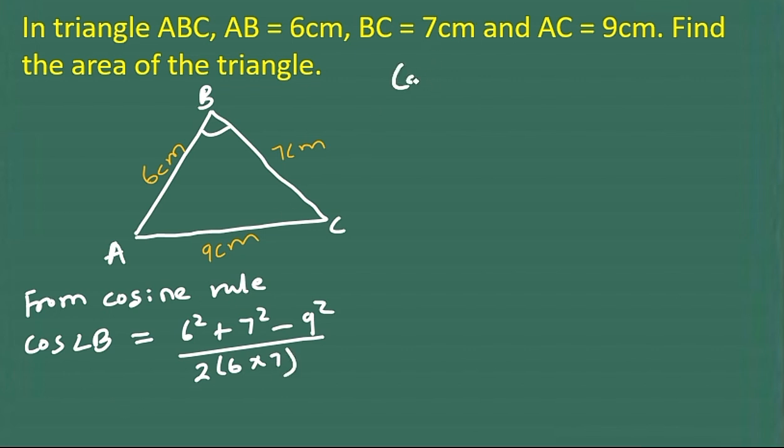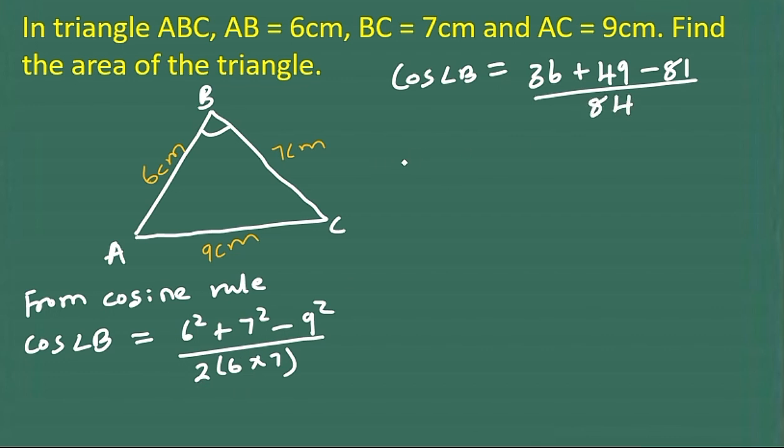And thus cos angle B is going to be equal to 6 square, which gives us 36, plus 49, that is 7 square, minus 81, which is 9 square, and 6 times 7 is 42. 42 times 2 will be 84.